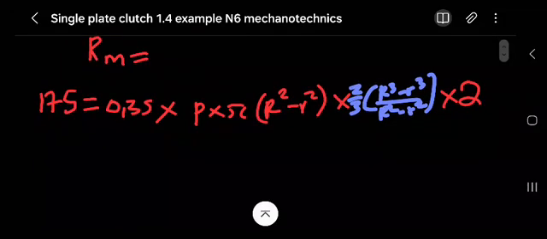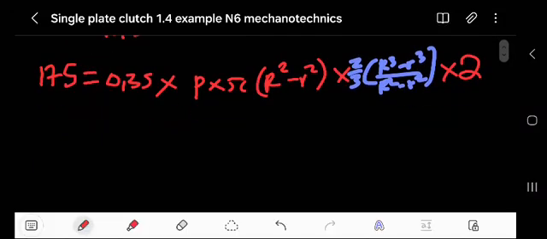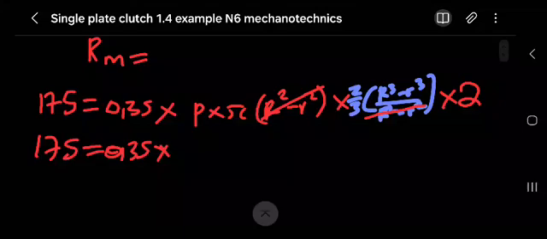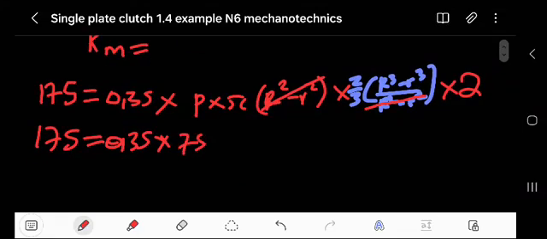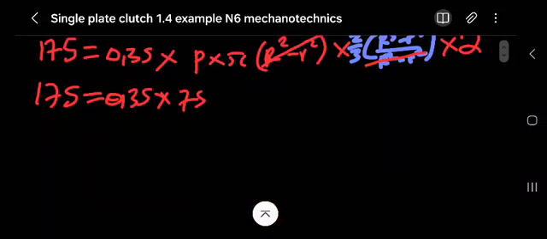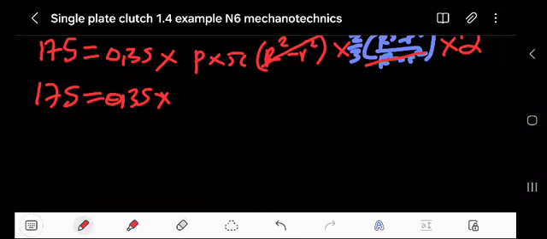So yeah, there are some gymnastics that take place as I see this, and this will cancel since it's the same. Mathematically, we will have 175, it's equal to 0.35 multiplied by the pressure. The pressure was given, which was 73 kilopascal, which is times 10 to the power of 3, multiplied by pi.